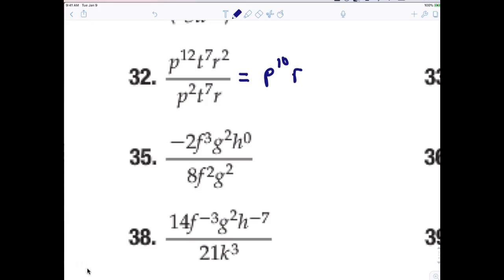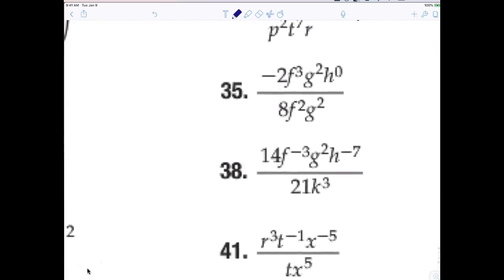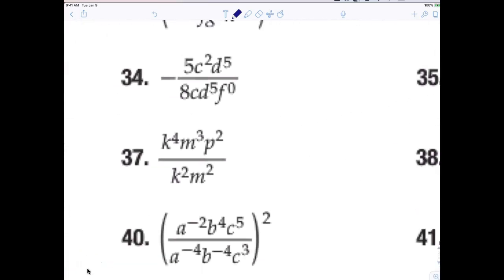P to the 10th, R to the 1st. Remember, just try to write the answer before he says the answer, then you know if you understand it. Any issues so far? All right, Lander. Help me out. 34, buddy. Can't reduce it, right?